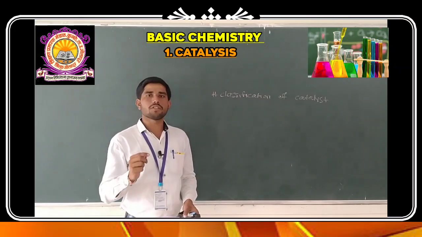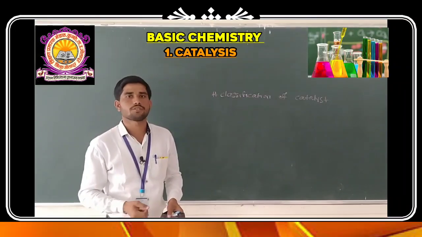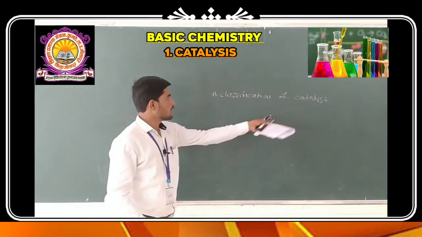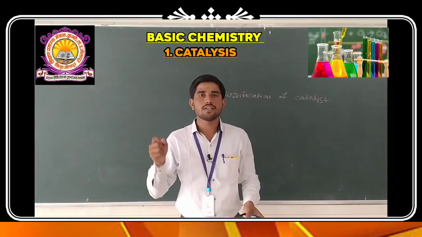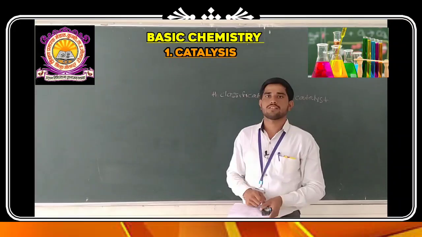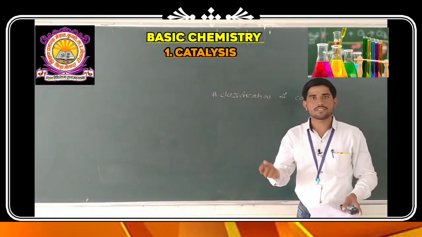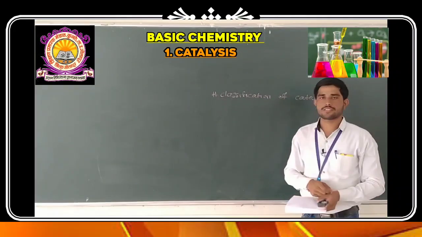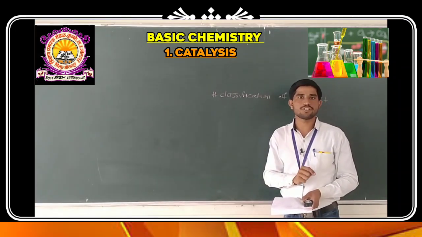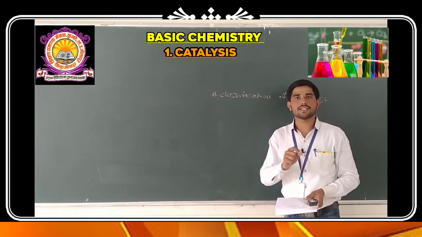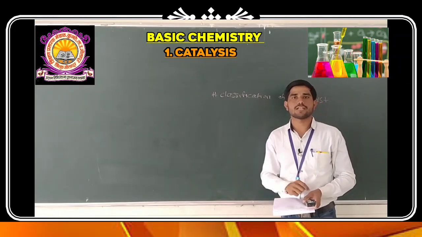We already saw this definition in our last lecture. A catalyst is a substance which is used in chemical reactions, and it alters the rate of chemical reactions, but at the end of the chemical reaction it does not change the mass and composition of the chemical reaction.